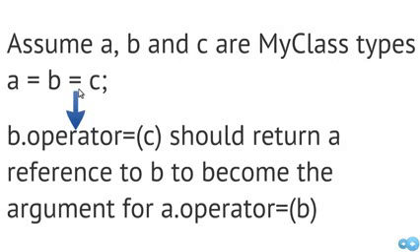Traditionally, we think of the assignment operator as being right-to-left associative as opposed to left-to-right associative. What that means is we would perform this operation here before we perform this operation here.